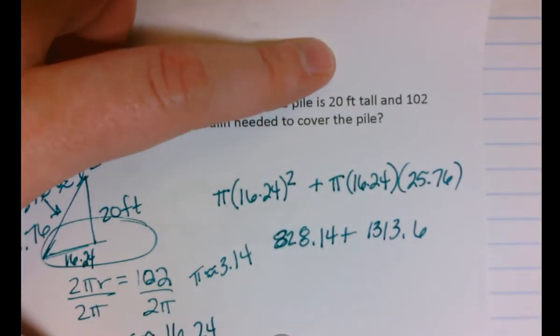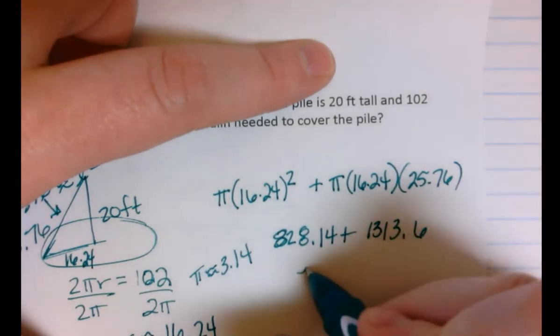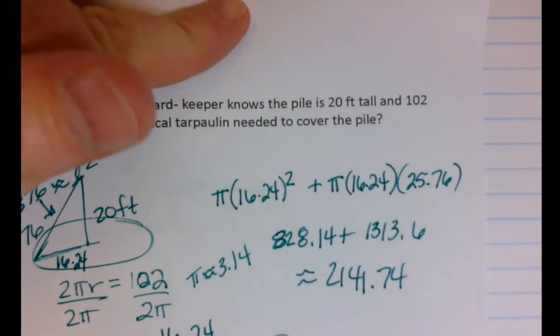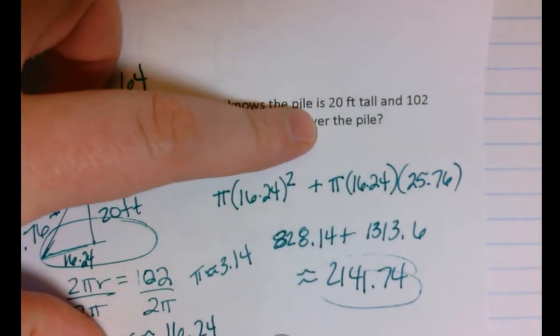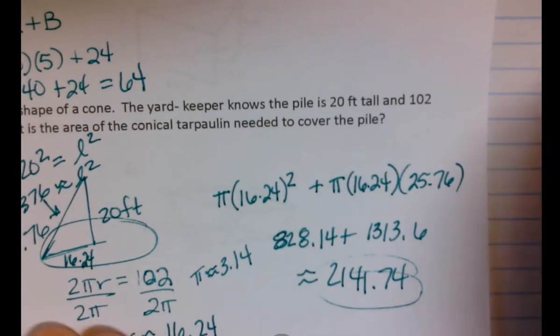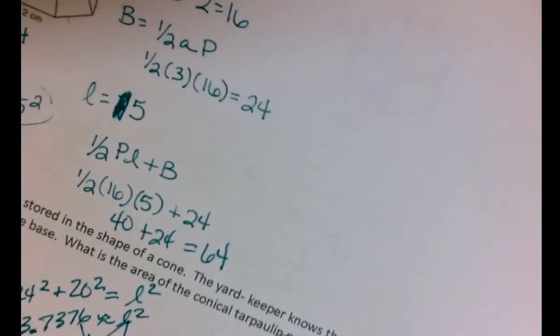Add those two together. Approximately 2141.74. So what is the area? It's approximately 2,141.74 square feet. Roughly.